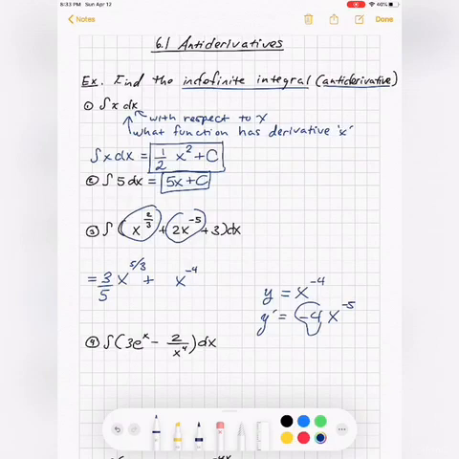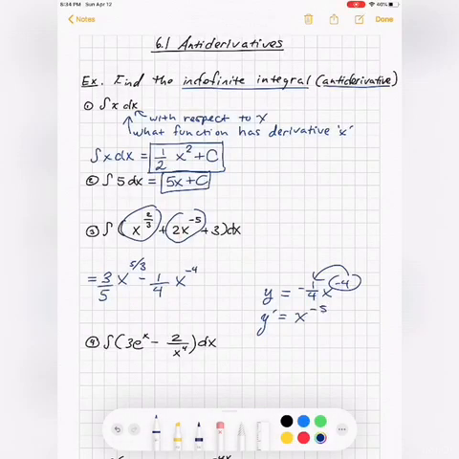To get rid of this -4 in front, I guess I would need a -1/4. So if I have -1/4 x to the -4, if I differentiate that, that would just give me 1x to the -5. Oh, I wanted a 2, though. I'm looking back up here. So if I wanted a 2, well, I guess I wouldn't want a 4 there, would I? I would want a 2.